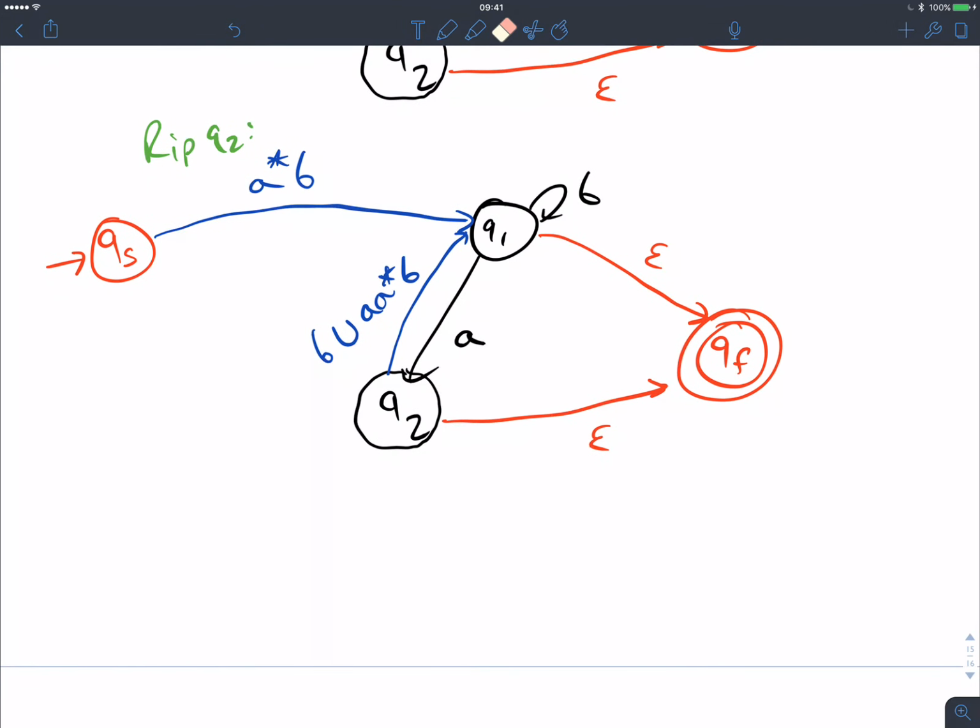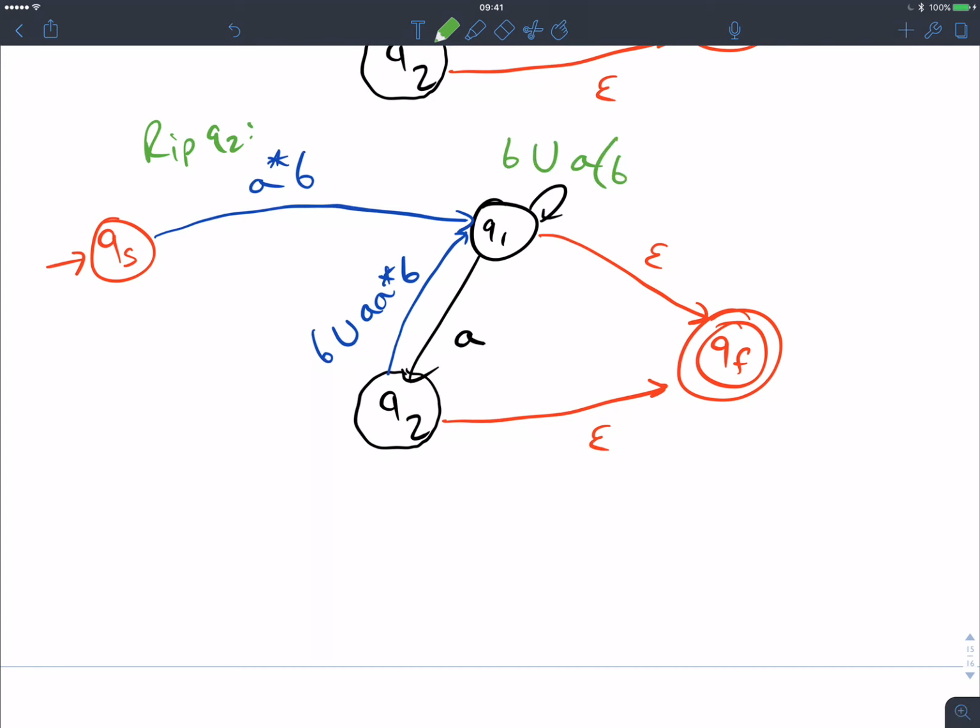So what transitions am I going to add? Yeah, union to self loop, you're right, correct. So I'm going to have B was the original guy. So what am I going to add onto that? So union with what? Well, 1 to 2 is A. Any loop on 2? Nope, so ignore that. Then how do I get back to 1?